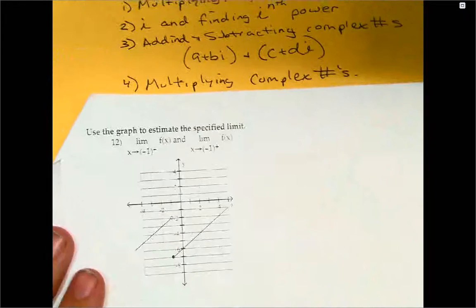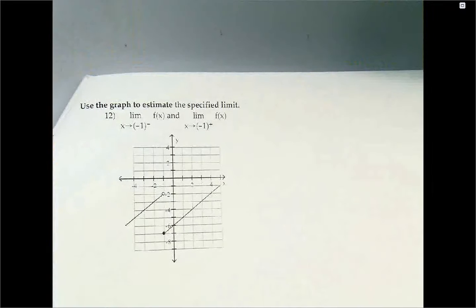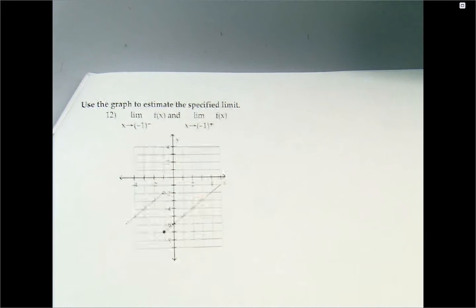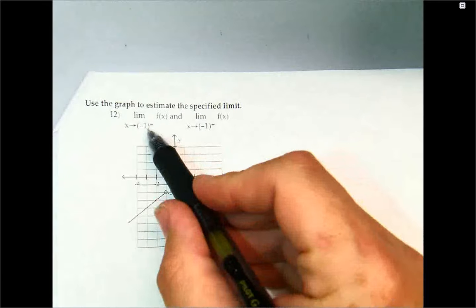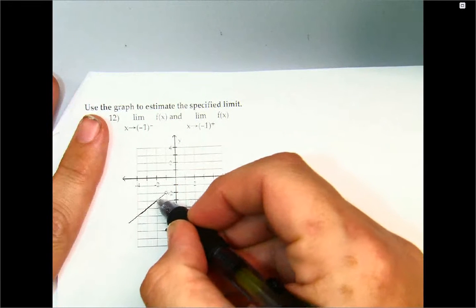Now for number 12, first, we have two different limits that we're trying to find. The limit as x goes to 1 of f of x from the left. So we follow it in from the left. It's going towards the value of -2.